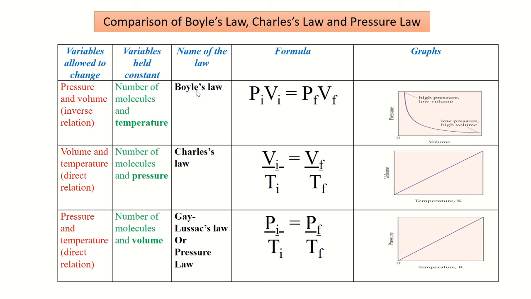For Boyle's law, P and V are changing and T is not changing. For Charles's law, the volume and the temperature are changing, but the pressure is not changing. And for Gay-Lussac's law, or the pressure law, the pressure and the temperature are changing, but the volume is not changing.